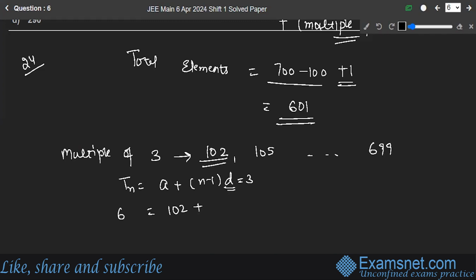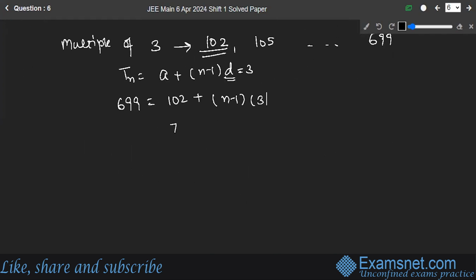So 699 is equal to this into 3. Or you have 597 upon 3 is equal to n minus 1. This gives me 199, right? So that means there are 200 numbers in this range which are a multiple of 3.